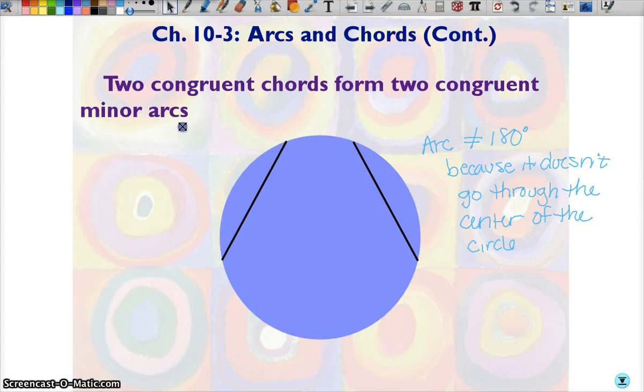And then I'm going to put it over here and connect it with two endpoints on the circle, because remember that's how you make a chord, two endpoints on the circle. And what you'll notice is that the two arcs that are formed, so the first one over here, and then the second one over here, have congruent degree measurements. Okay, and it will always work that way.